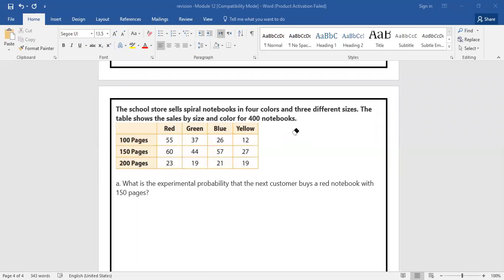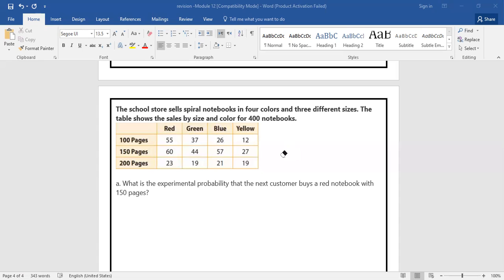First of all, we have to care about the total number in this data. Second, to find the answer for any probability, we find an intersection cell and then put it over the total.